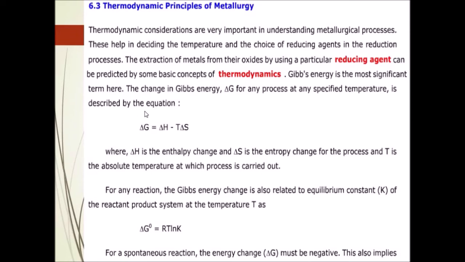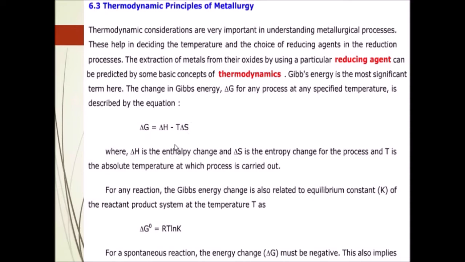Delta G becomes negative when the change in entropy, delta S, is positive. With increase in temperature, the whole of T delta S becomes more and more positive and delta G becomes negative.